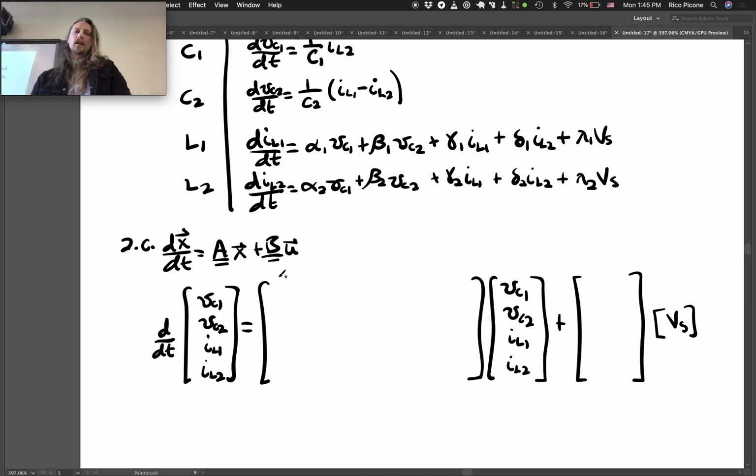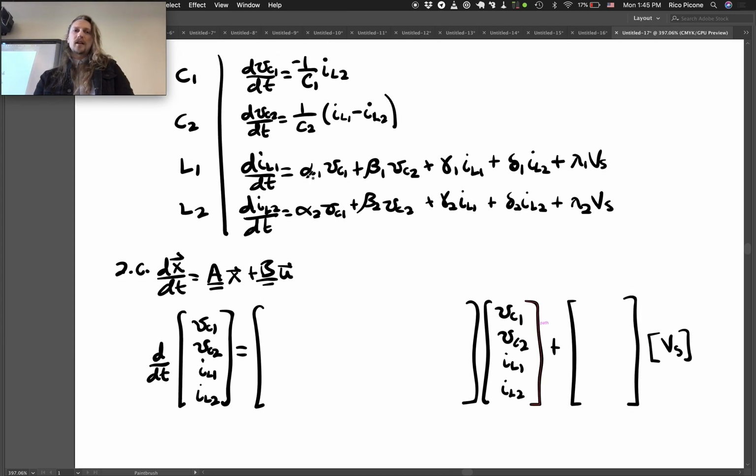So now I just need to fill in these rows, right? The first equation gives me dVc1/dt equals 0 Vc1, 0 Vc2, negative 1 over C1 IL2, and 0 Vs.